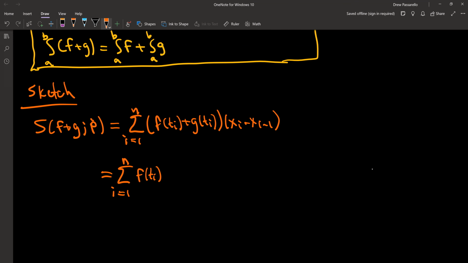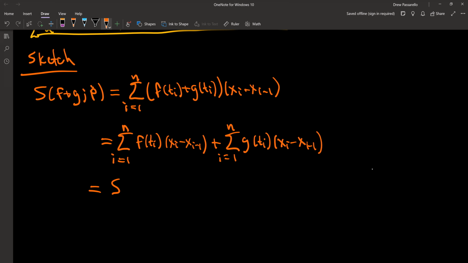And these two things are the Riemann sums, where the first one is the Riemann sum S of f, and then the second one is the Riemann sum S of g.